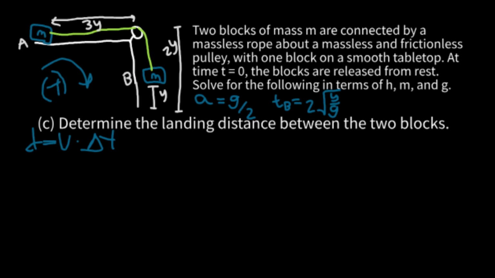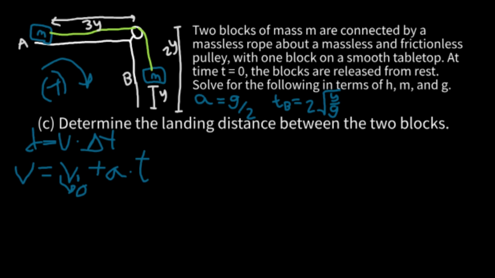So the velocity of block A when it leaves the table is going to be equal to its initial velocity, which is 0, plus the acceleration times some time t. And that time t is the time it takes for block B to reach the ground.